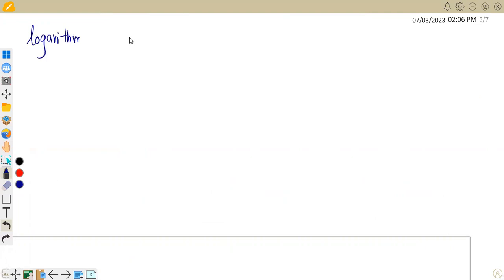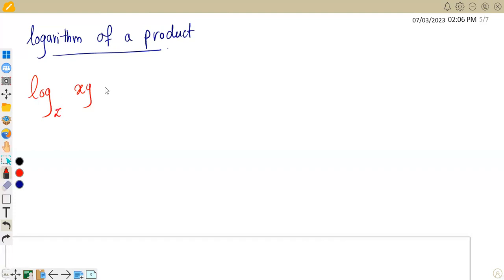Logarithm of a product. What is the logarithm of a product? You may think there is a product. xy is the product. Its base is z. Then this is separated as logarithm to the base z of x plus logarithm to the base z of y.